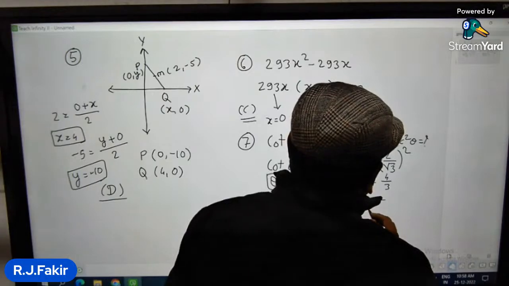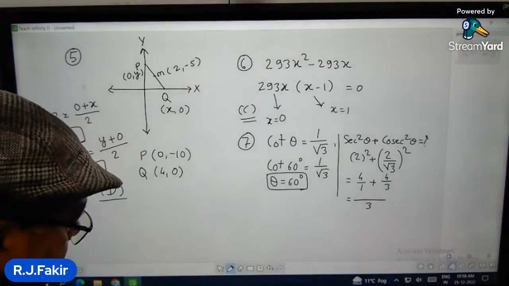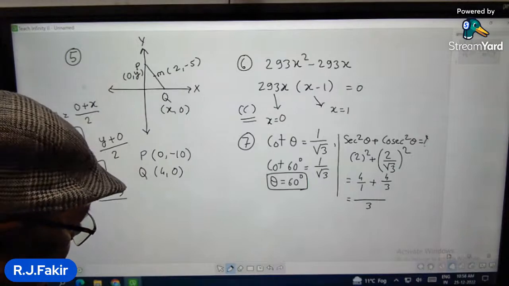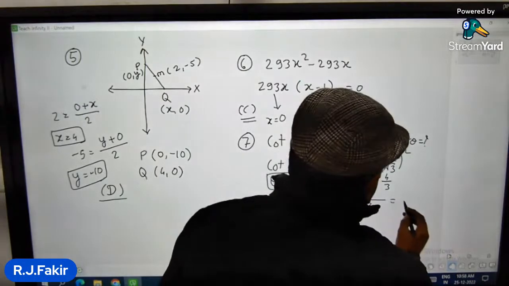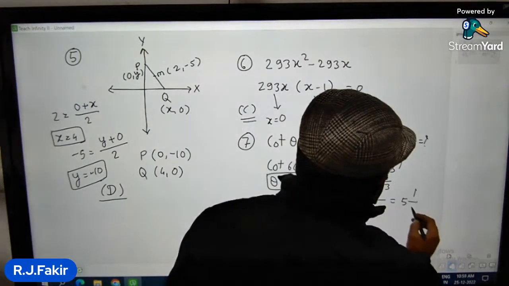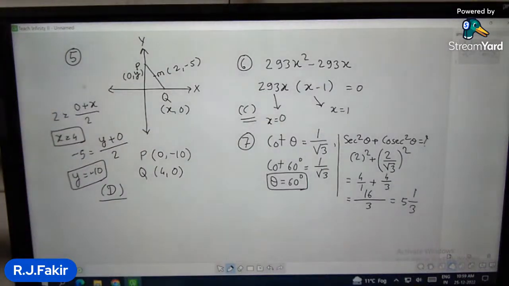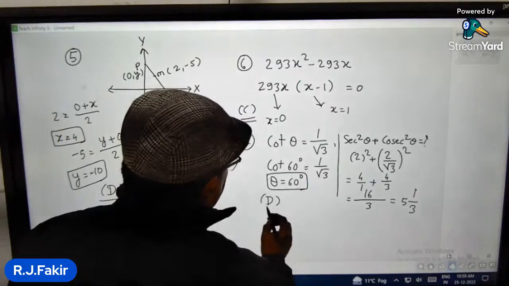So 3 will be the LCM. It becomes how much? 3 fours are 12 plus 4, 16 by 3. 16 by 3 can be written as 5 1 by 3. So which option is there? 5 1 by 3, you have that option. D option is correct.